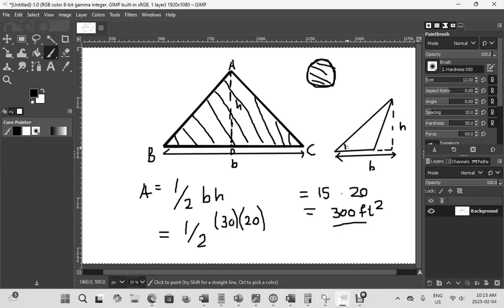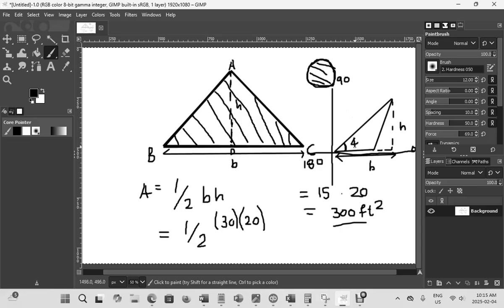Now to figure out the area, you will need to know the base of that triangle and the height. So if this is an acute angle triangle, for example, which is basically less than 90 degrees, suppose this is your quadrant, and this is 0 degrees over here, this is 90, this is 180, which means that your acute angle triangle will be anywhere between 0 and 90.